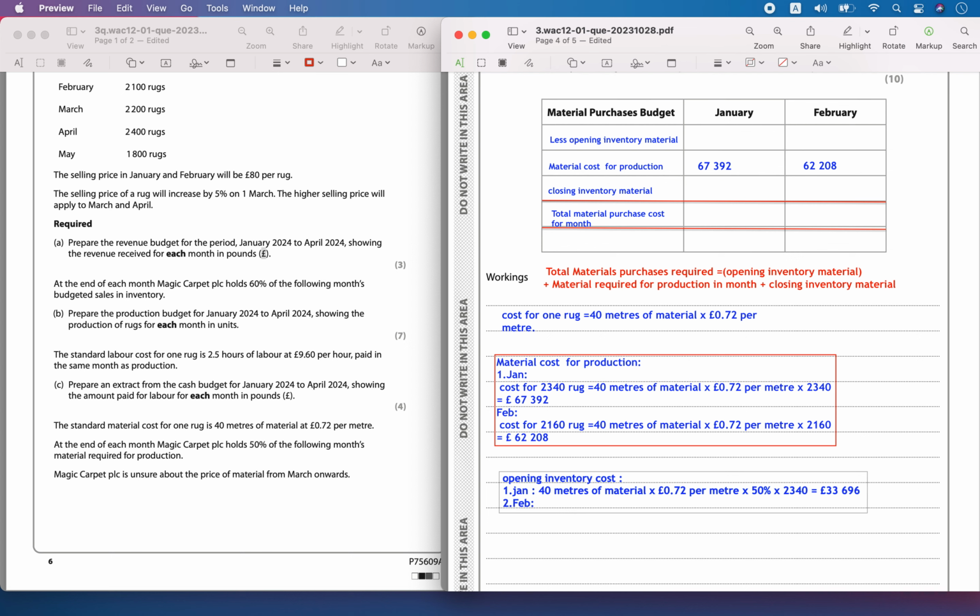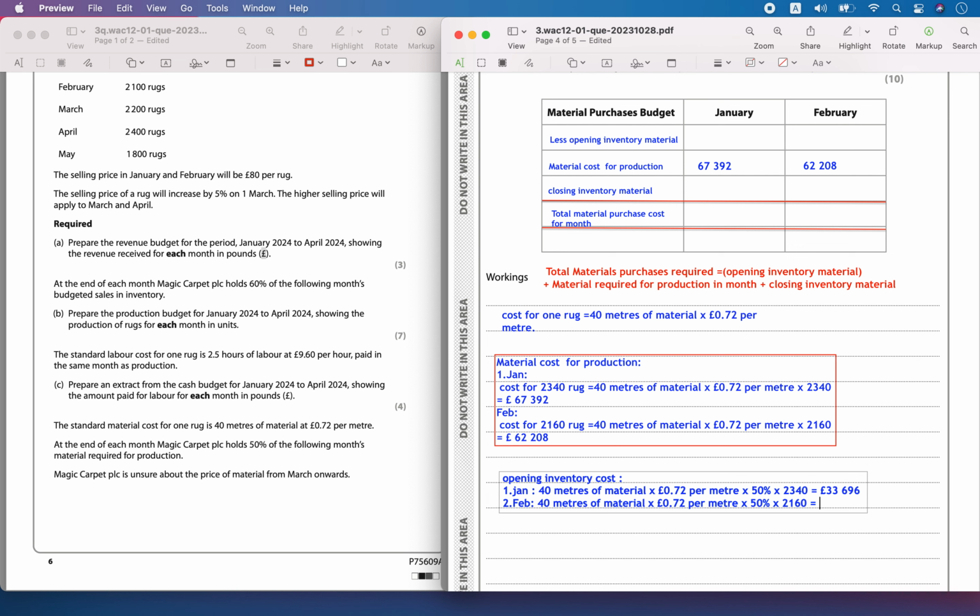Then for February, it is going to be equal to 40 times this thing. 2160 rugs is going to be produced for the month of February.